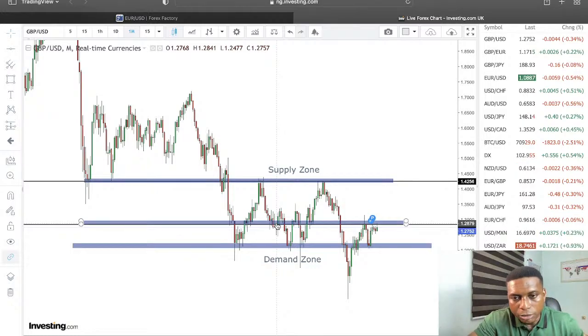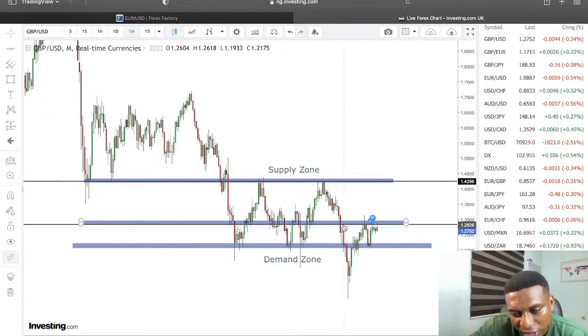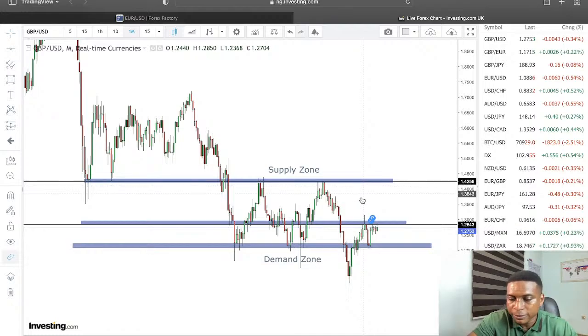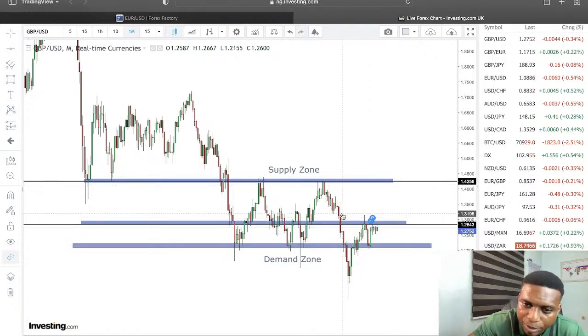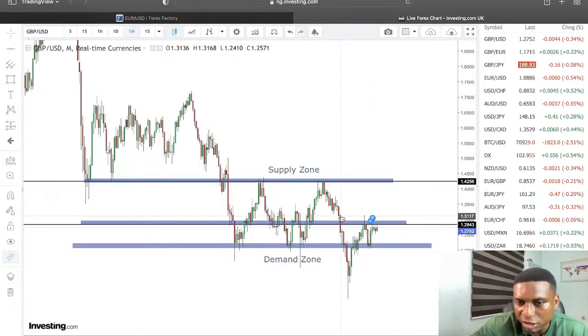Now, when you look at this zone here, it is supposed to be a demand zone, which means there are supposed to be buyers actively engaging at this level to push price back up. However, we can see the sell pressure came through and there was a breakout of this demand zone.